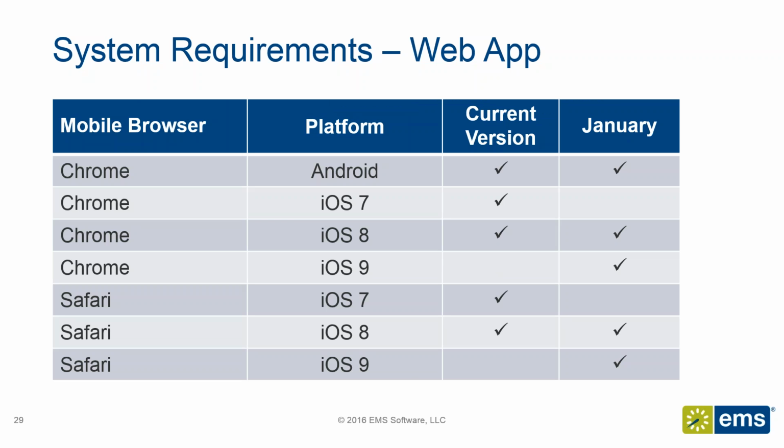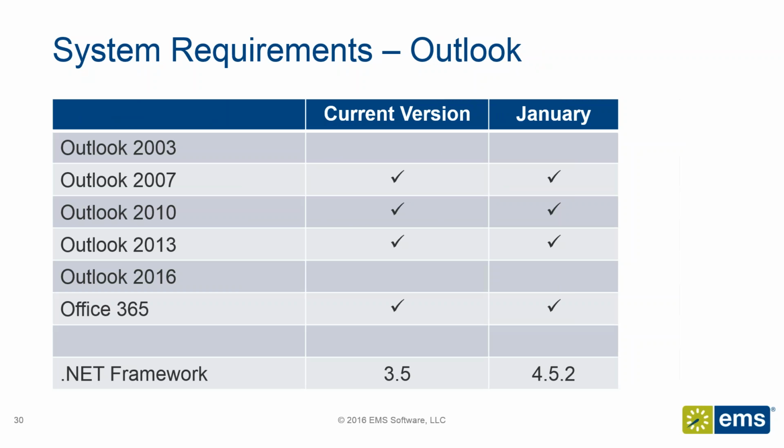On the mobile browsers for virtual EMS, we continue supporting Chrome for Android, and now we also support Chrome for iOS 8 and iOS 9, and same Safari for iOS 8 and iOS 9. On the Outlook side, the things remain the same. We did not support Outlook 2003 with our current shipping version.